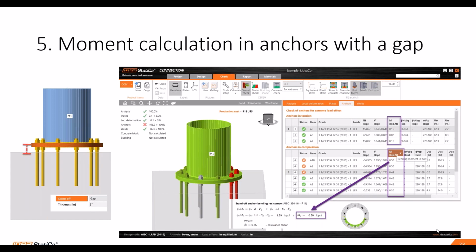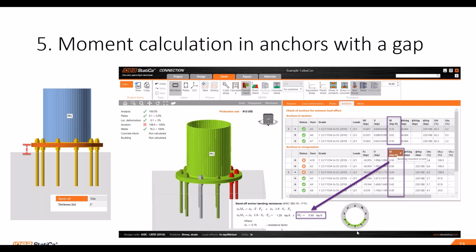In previous versions, when you selected that option of a gap, the bending moment on this portion of the anchors was always calculated by multiplying the shear force by the distance between the plate center line and the concrete. So it was just a linear multiplication, like the lever arm by the shear force. Since this new release, the calculation of the bending moment has been updated.